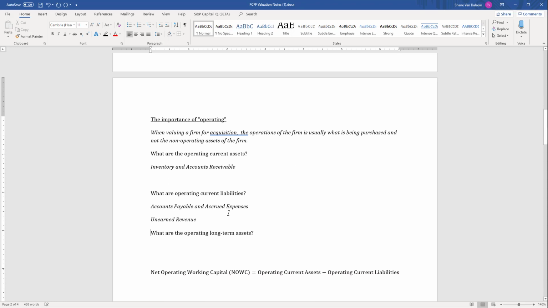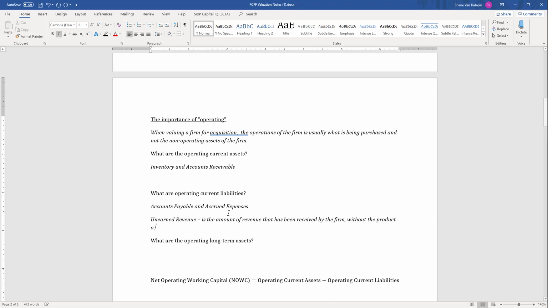And so what unearned revenue is, it's revenue that has been received by the firm without the product or service being delivered yet.